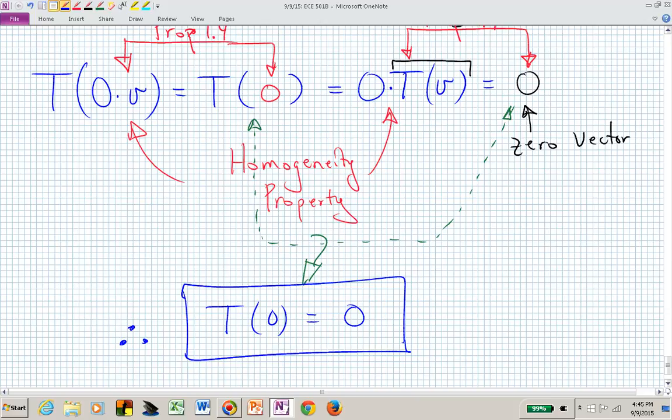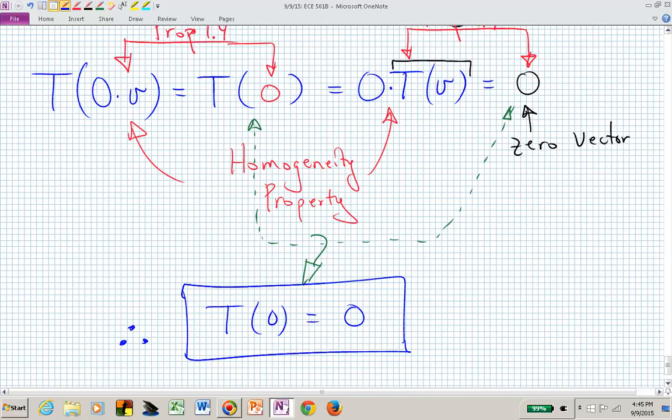Which now says that if you're trying to show that a map is not linear, and it doesn't map the additive identity back into itself, then that violates this condition, and so you know you do not have a linear map.